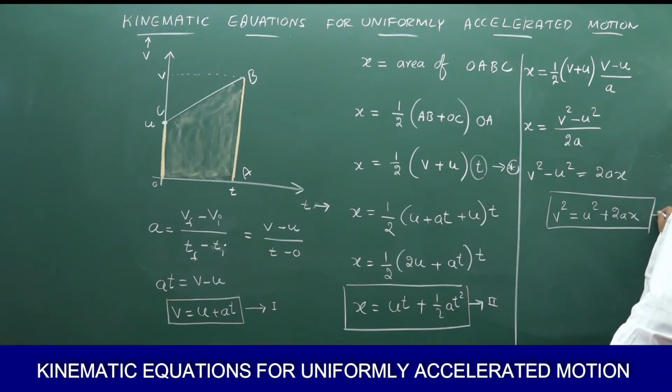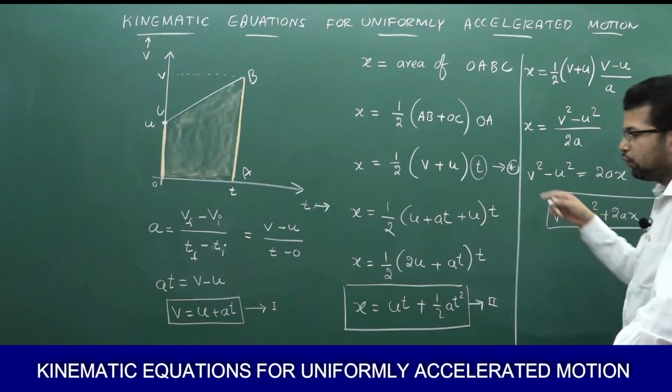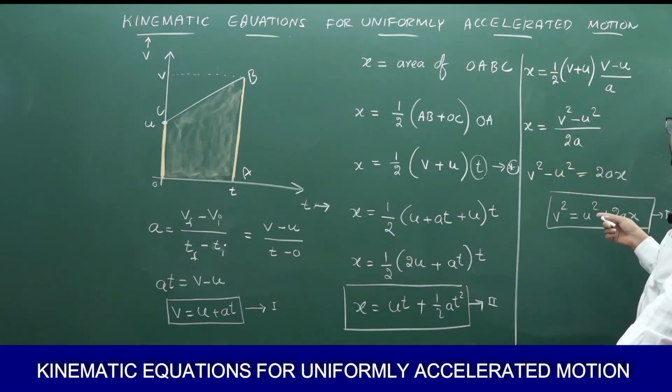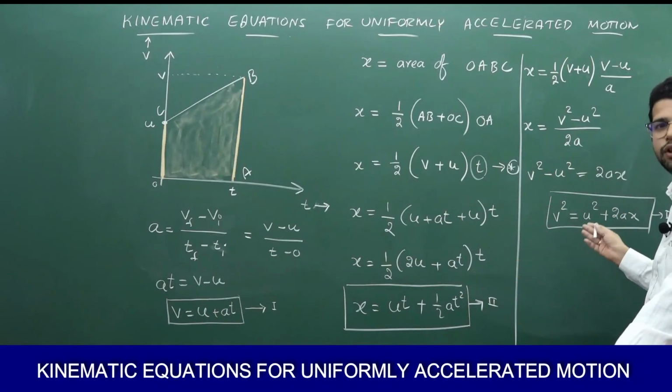So, this is the third equation of motion. First equation of motion is v is equal to u plus at, x is equal to ut plus half at square, then v square equal to u square plus 2ax.